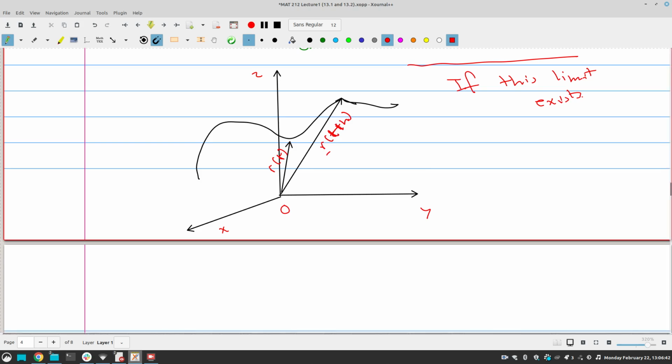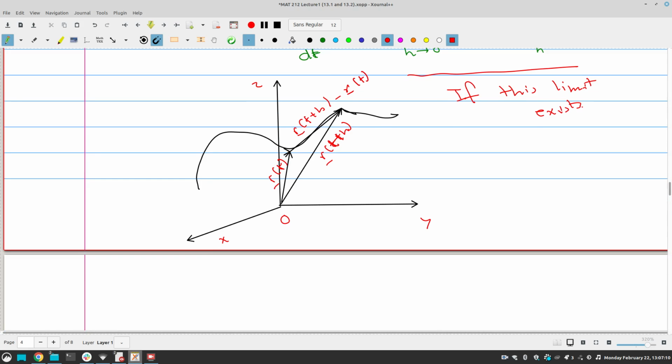Now, the difference, of course, is the secant. By the rules of vector addition, this difference is r of t plus h minus r of t.